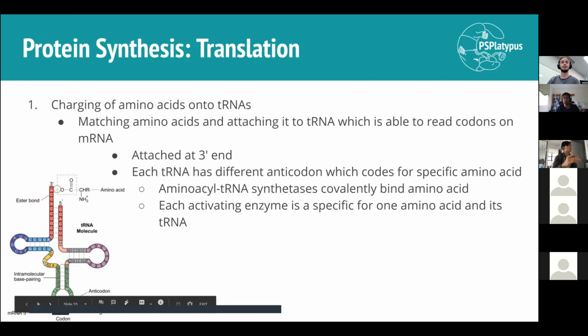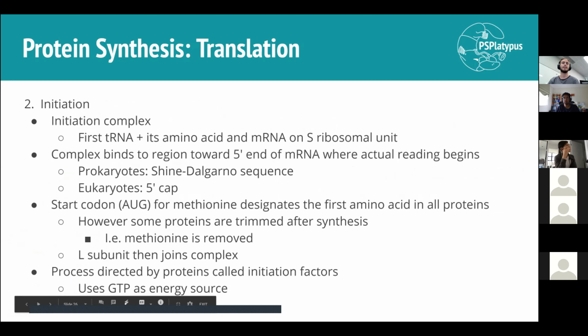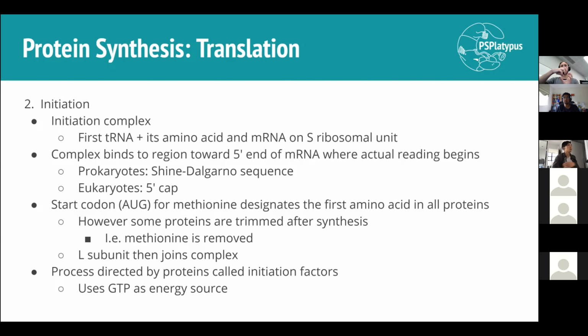Okay. Then we have initiation. So this is where the good stuff happens. You have an initiation complex that's the tRNA and its amino acid and mRNA on the ribosome. Very complex, but basically the mRNA meets the ribosome and it binds to the 5' end of the RNA where the actual reading begins, and it goes along 5' to 3'.